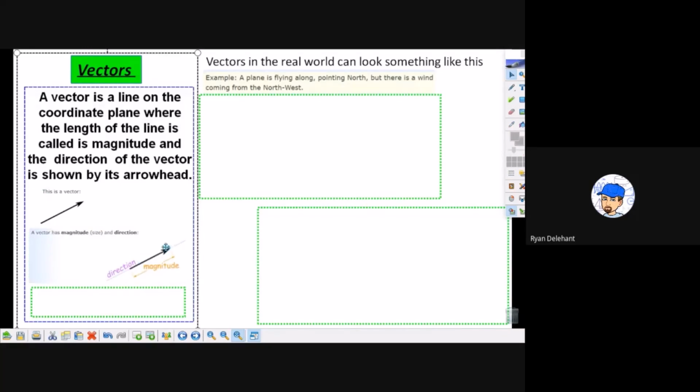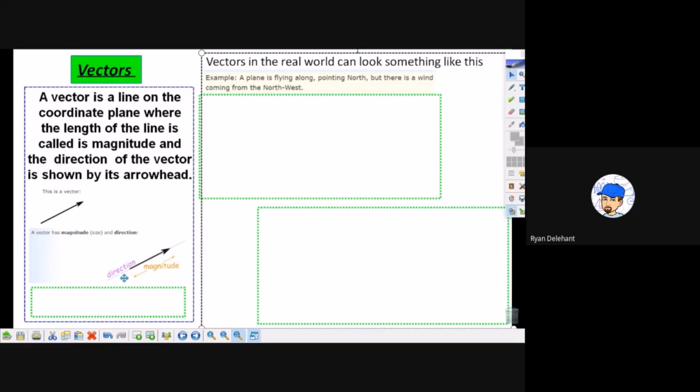So when we look at this a little bit more detailed, its magnitude is its length. Okay? And then its direction is which way the arrow is pointing. It's telling you which direction it's moving. So you have to think back to where you probably have seen these before. Science. We dealt with motion.